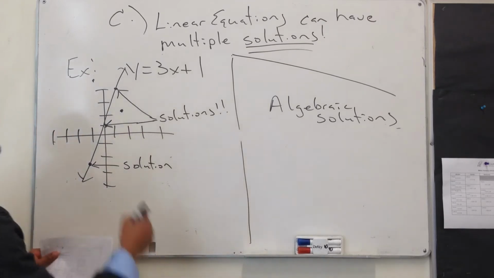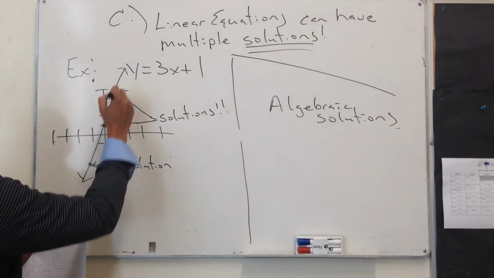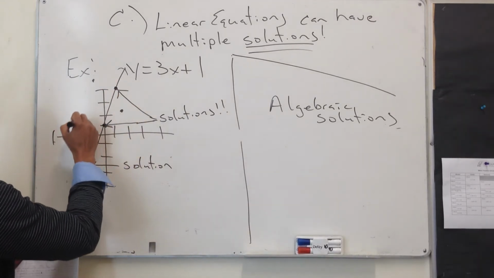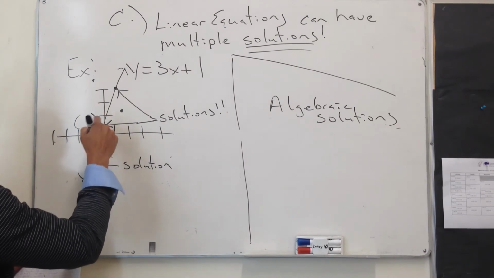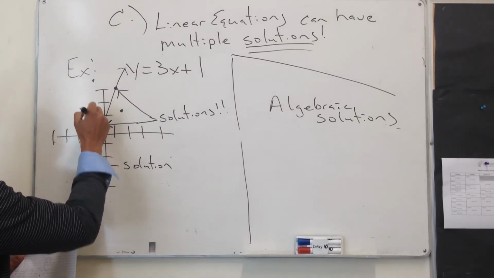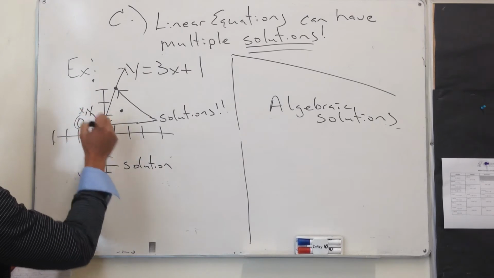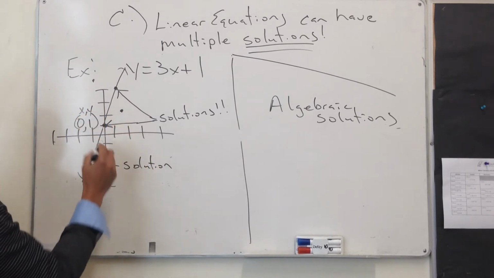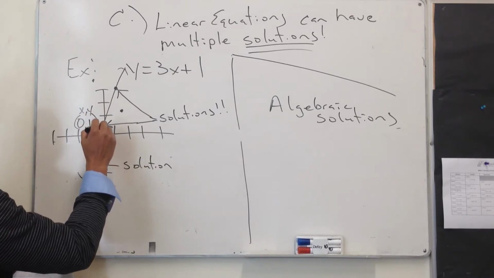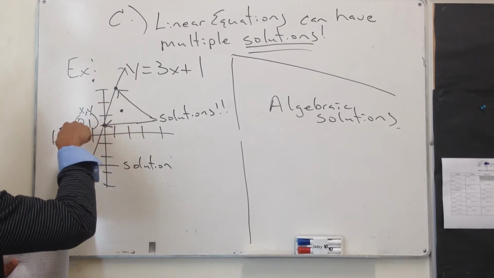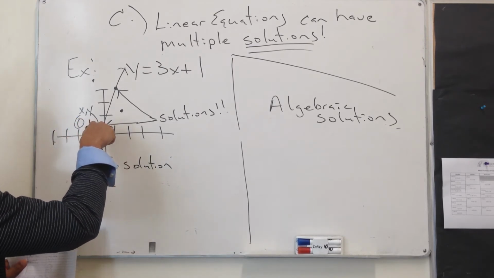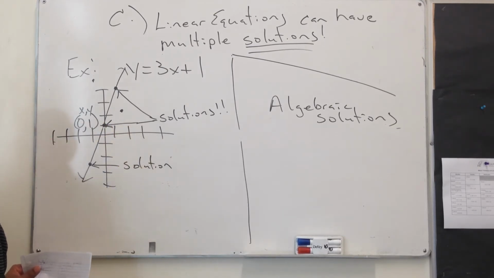But now notice, I can actually give you an x and a y coordinate for this point. This point right here is the point where x is 0 and y is 1. I move 0 on the x-axis, I move 1 on the y-axis. X is 0, y is 1. There's the point.